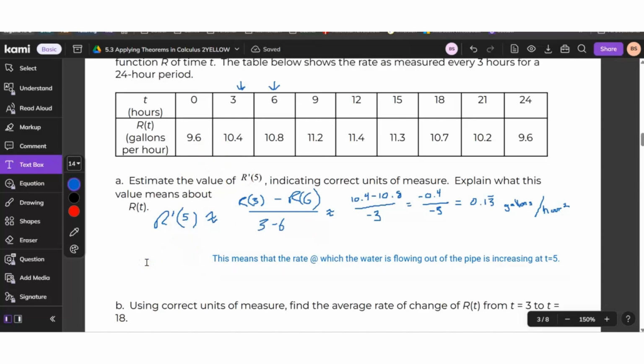Even if the acceleration of the water doesn't make a lot of sense as something you might want, it can still help us interpret what's going on. The fact that it's positive means the rate at which the water is going is increasing, because this is effectively the second derivative, and it's positive. Since r of t is already a rate, you could think of this as the derivative, and this as the second derivative.